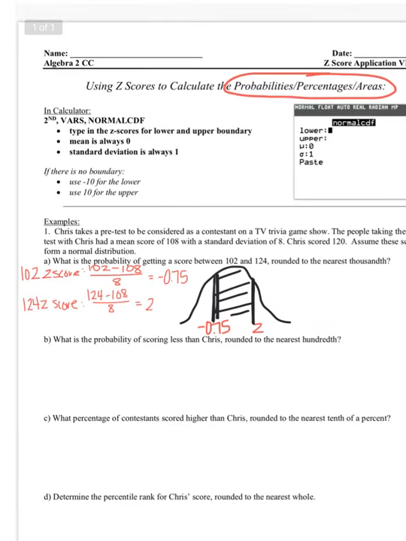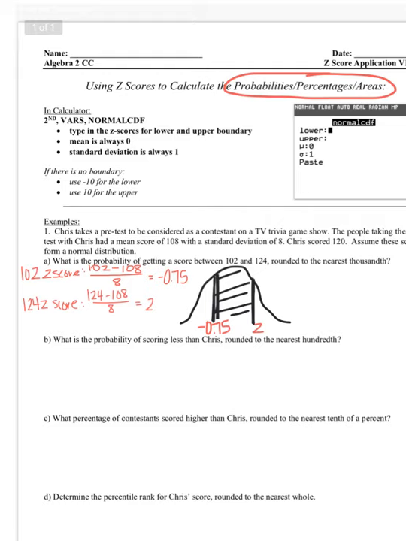So what you're going to do in the calculator is say, if I am negative 0.75 standard deviations away and 2 standard deviations away, what's the probability of people that scored in between those two? So you're going to go into your calculator.